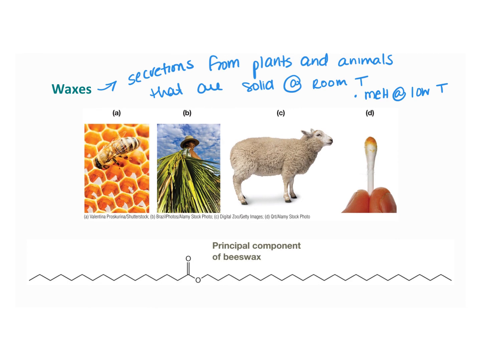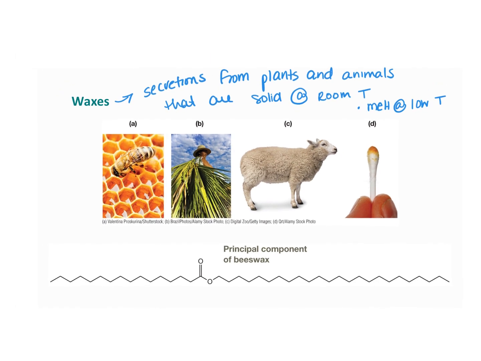You can see earwax here. You can see there's beeswax. Wool has a coat of lanolin, which can help shed water. So there are lots of different places that we see waxes. Now, the principal component of beeswax is this molecule here.